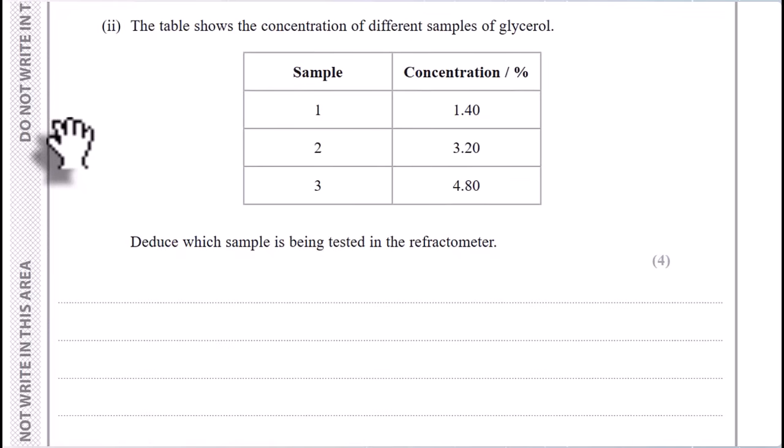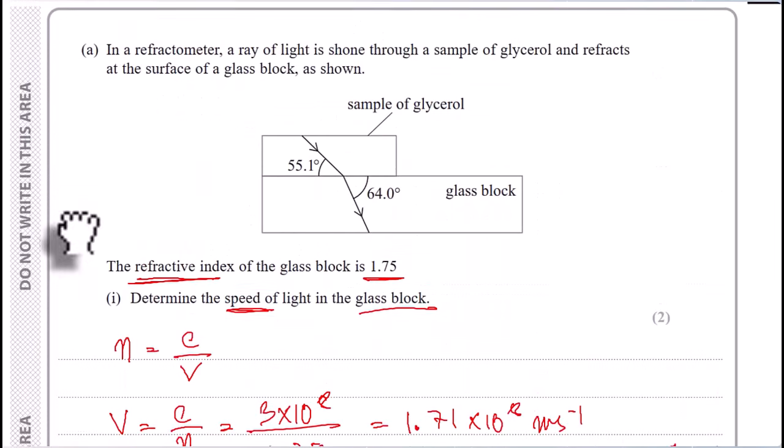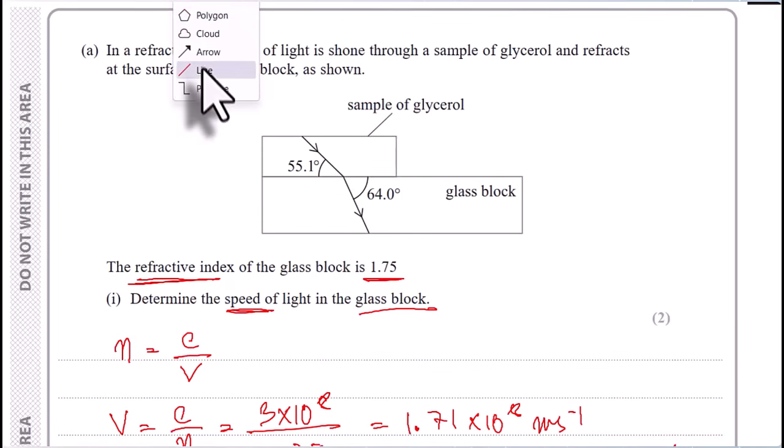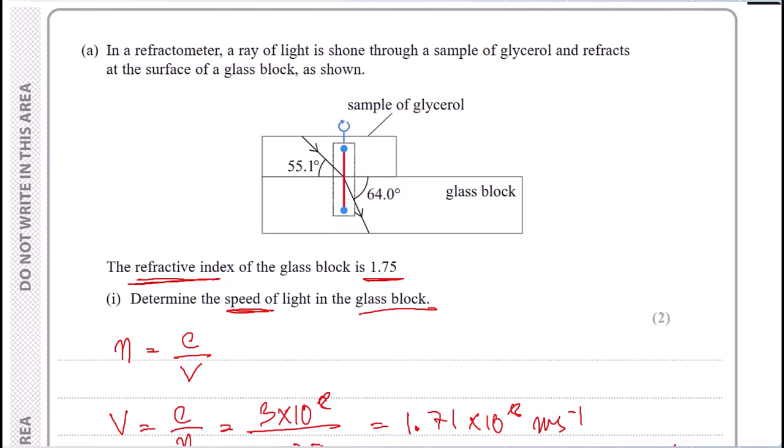Next, the table shows the concentration of different samples of glycerol. Deduce which sample is being tested in the refractometer. Right. So this is what you have to deal with. Most of the times they deliberately give the angles with the surface. That's none of our concern. Always remember, we always find the angles with the normal.